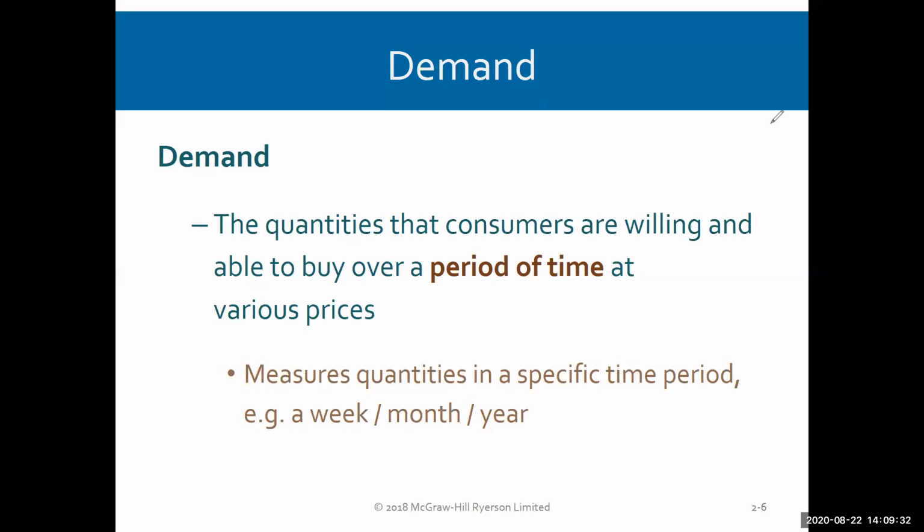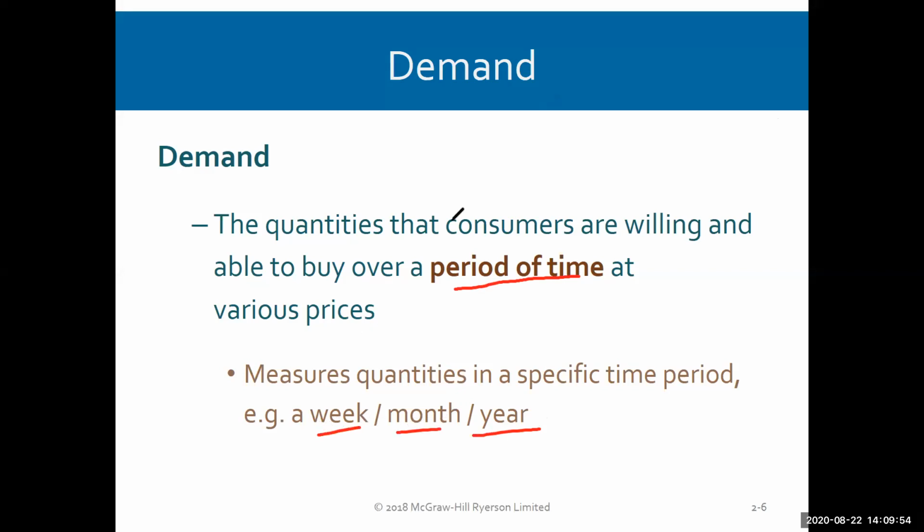And to understand demand the way we want to, it has to be demand over a certain period, because certainly demand for something over 10 years, when you add it all up, is greater than demand for something over 10 minutes. But both of them are relevant, so we have to pick a period of time to look at demand over, and usually we say it's a year, but it can be a month or a week.